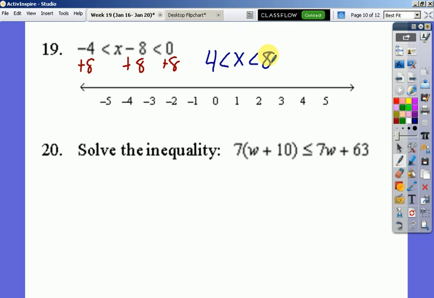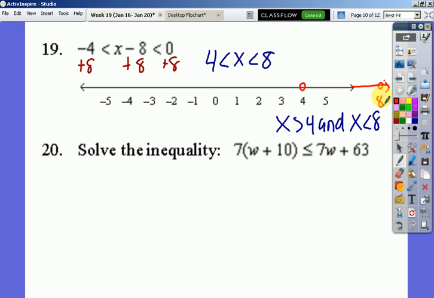Is this an and or an or? Do you remember? It's an and because it's together. So what we really have is x is greater than 4 and x is less than 8. So I'm going to look, I have both open circles. 4 is here, 8 somewhere over here.